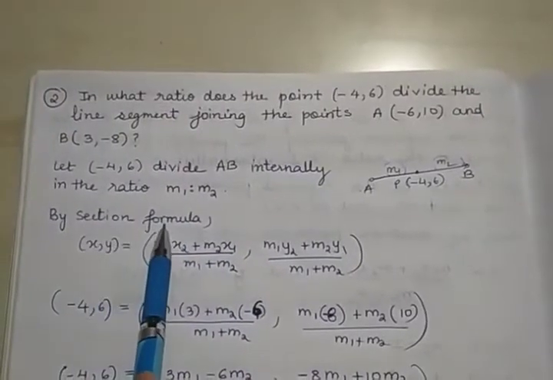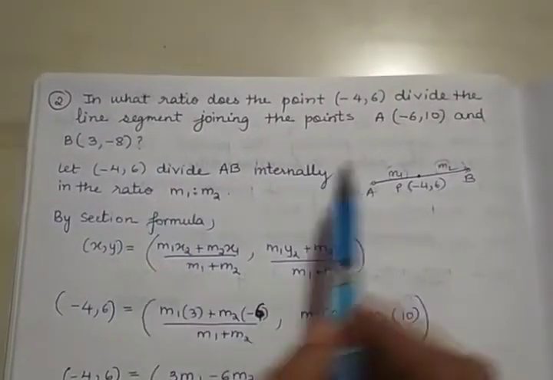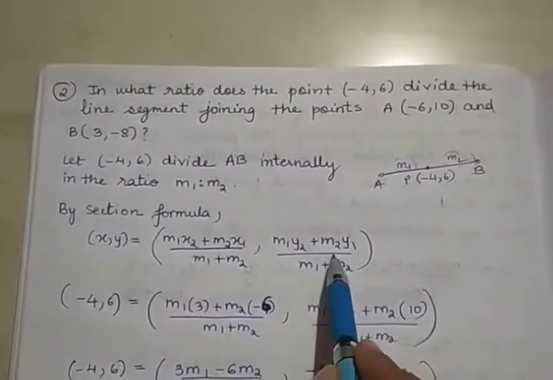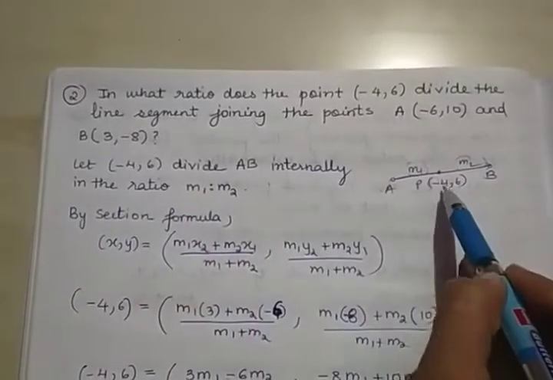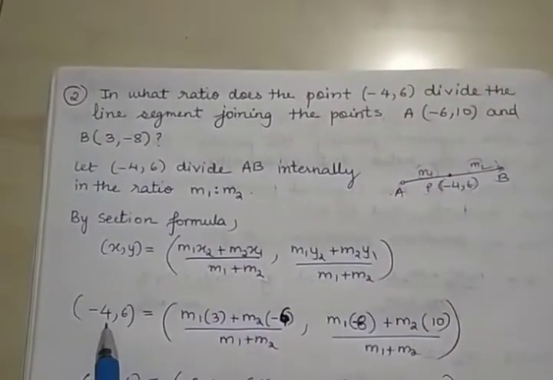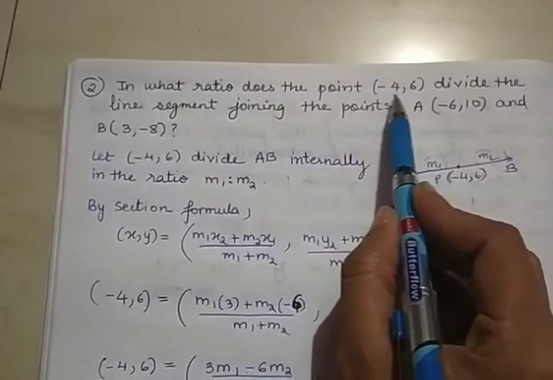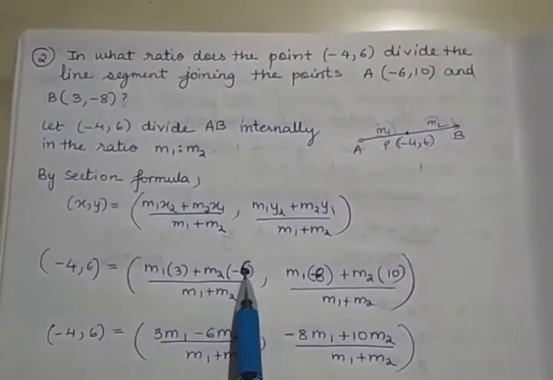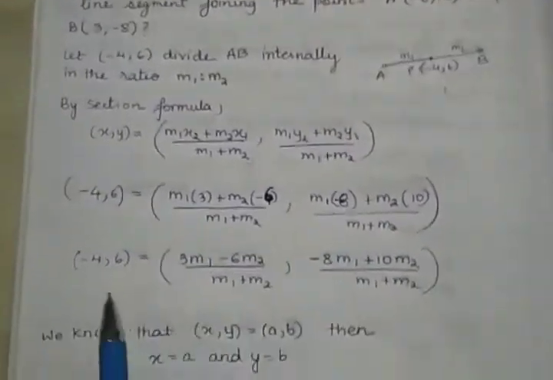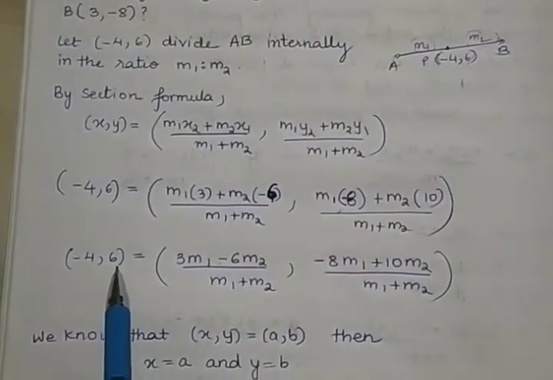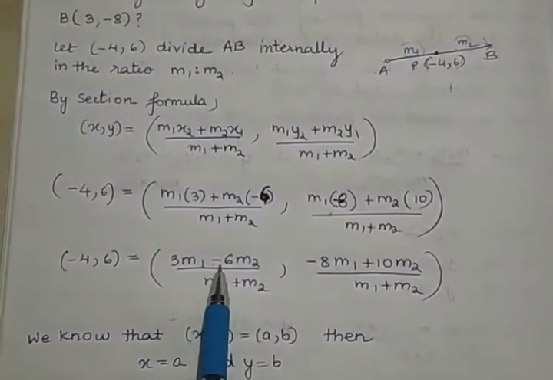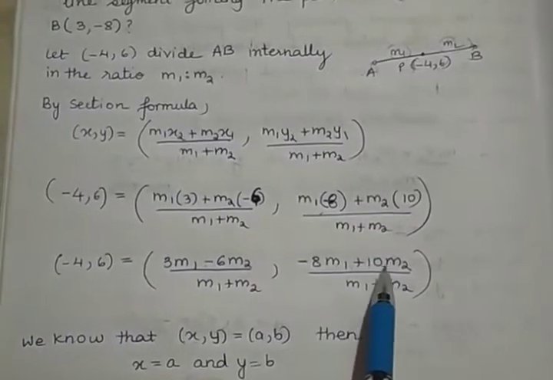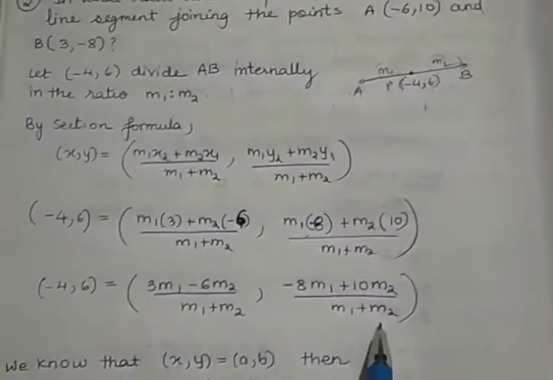Then by the section formula, the coordinates of this point will be (x, y) equal to this formula. I already know the coordinates of this point, which are (-4, 6). Let us substitute all other values. On substituting, I get (-4, 6) is equal to ((3m1 - 6m2) upon (m1 + m2), (-8m1 + 10m2) upon (m1 + m2)).